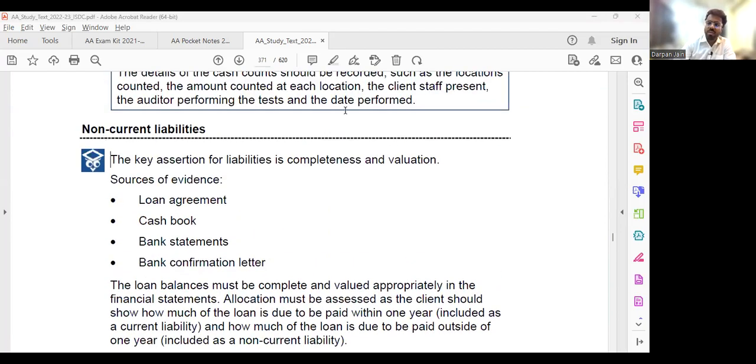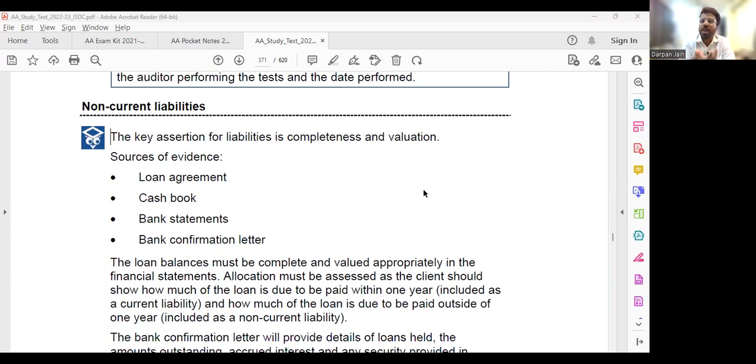When you are auditing a client and that client has a non-current liability, what is an example of a non-current liability? A loan which is outstanding. A long-term loan is a non-current liability, right?